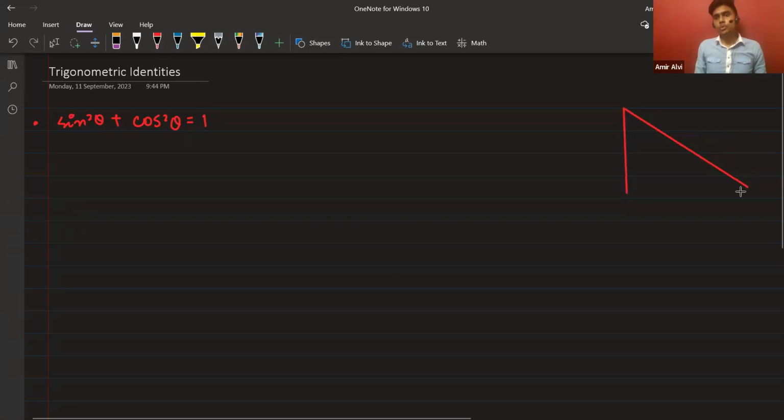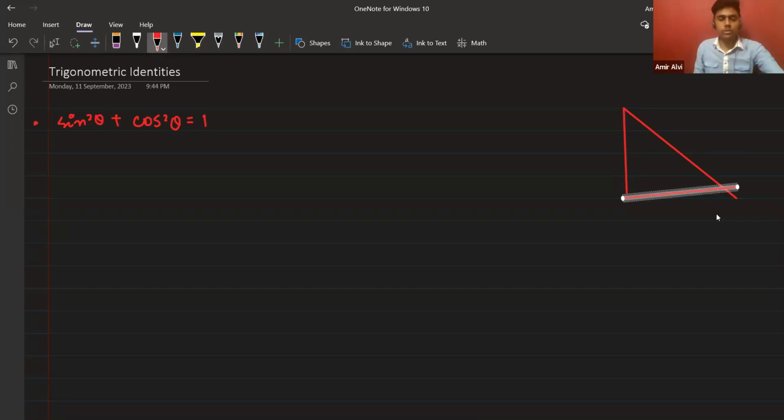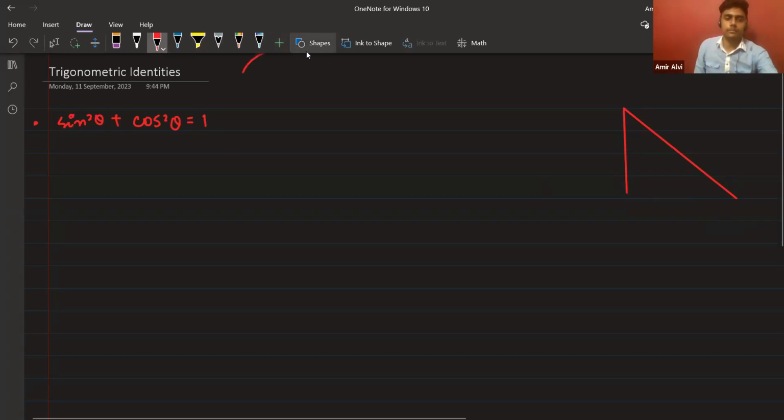Basically, there is no need to prove it, but sometimes students ask how to prove it. It's nothing but the Pythagoras theorem, nothing else.